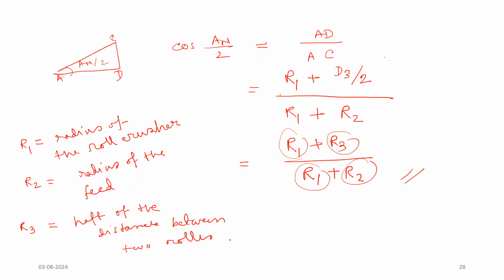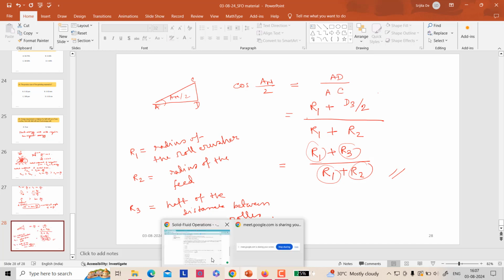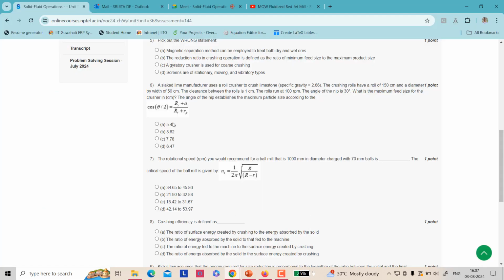Okay, so now going back to the question. Here just the namings are different. The parameters are written differently, but the meaning is the same. So don't get confused with that. What is said in the question: a lime manufacturer uses a roll crusher to crush limestone.